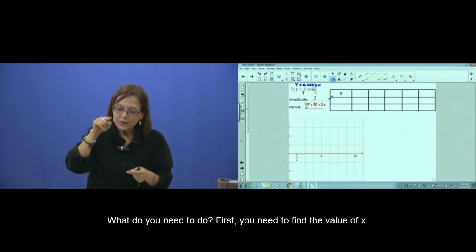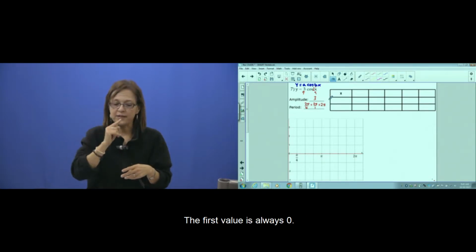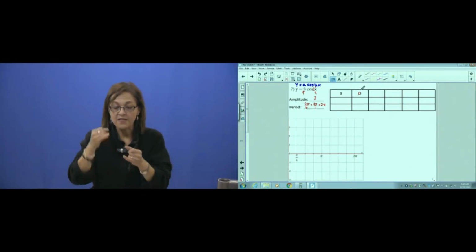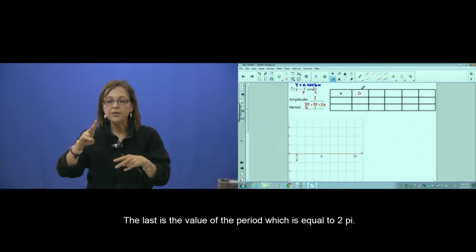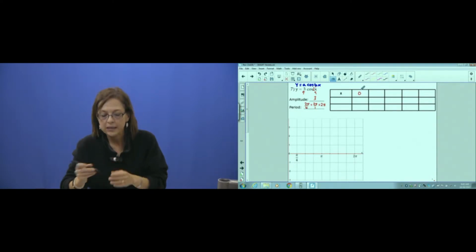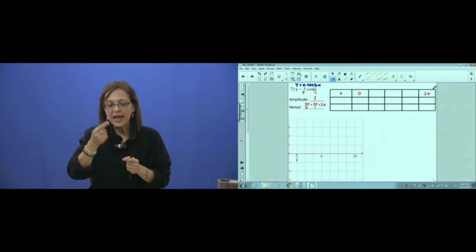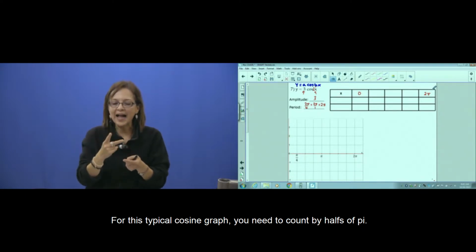First, you need to find the values of x. The first is always 0. The last is the value of the period, equal to 2 pi. And for the typical cosine graph, you have to count by halves of pi.